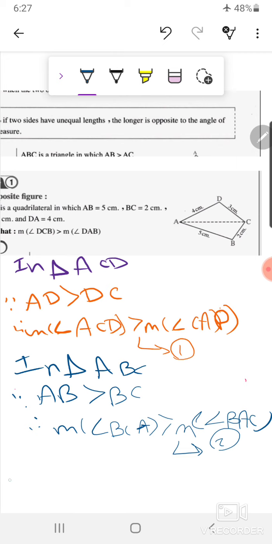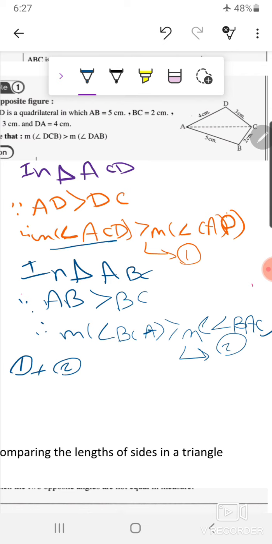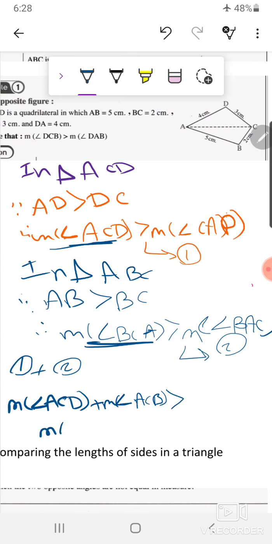Okay, now add number 1 and 2. So measure angle ACD plus measure angle ACB, or BCA, they are the same, is greater than measure angle CAD plus measure angle BAC.